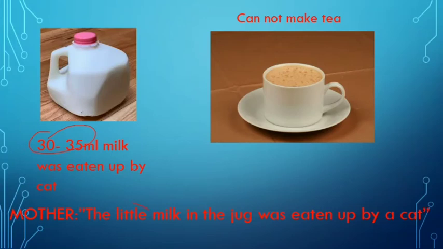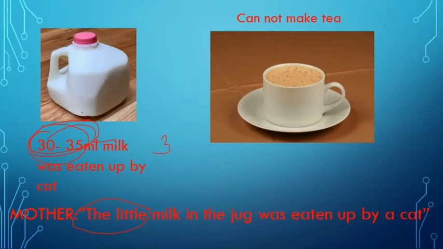So why she used a little here, whereas for the same quantity of milk in the previous situation, she used little? Can anyone tell? Because in that situation, the same amount of milk is not sufficient for making 3 cups. That's why it is a little.